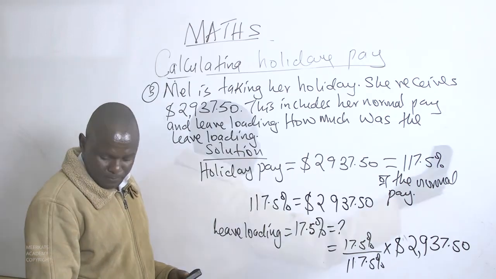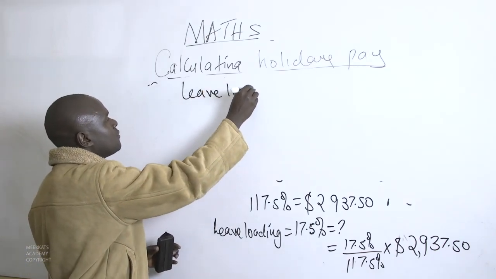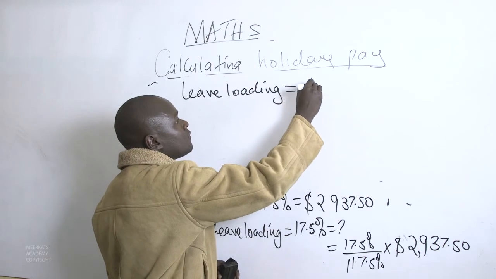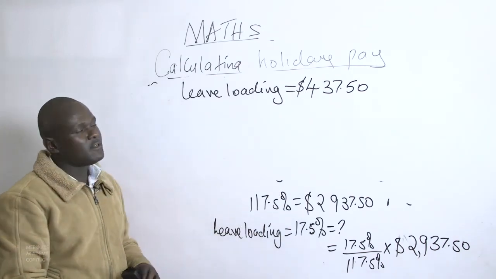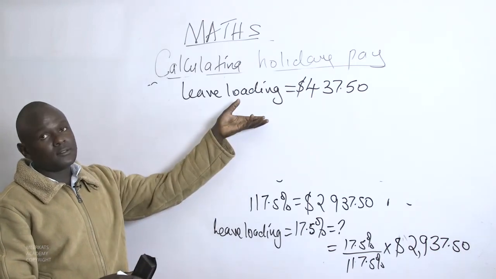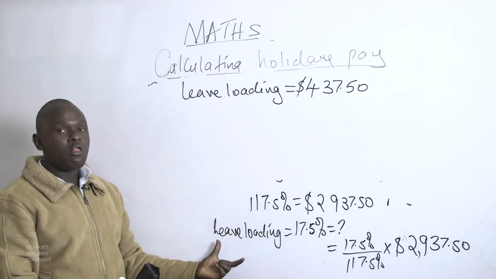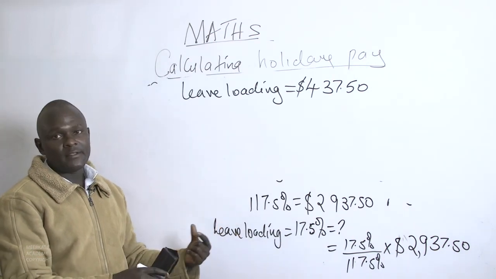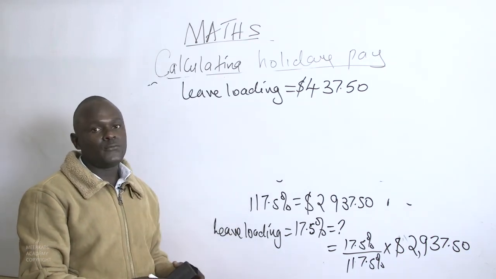And if we do that, we will find our leave loading as $437.50. That is the first way in which you can calculate this. You can also go ahead and calculate the normal pay, which is 100%, so that you can find the difference between the holiday pay and the normal pay, which will give you the same figure.